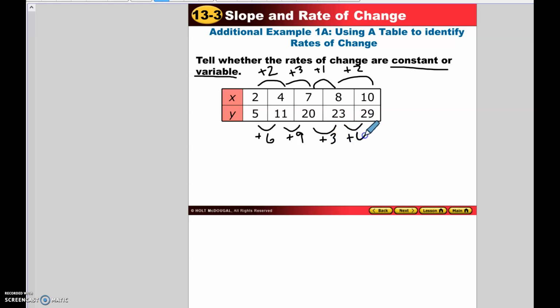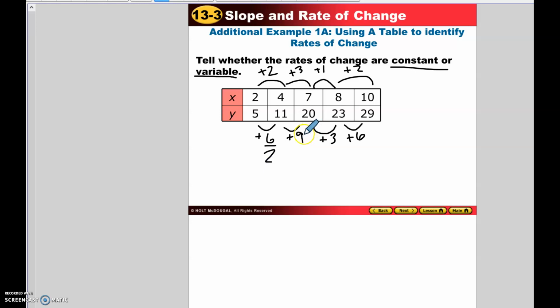Okay, so to tell if this is a constant rate of change or a variable rate of change, we're going to compare how x is changing versus y. And the way we do this is we put the change in y in the numerator, and the change in x in the denominator. So 6 goes on top, the change in y, and then the change in x is 2.